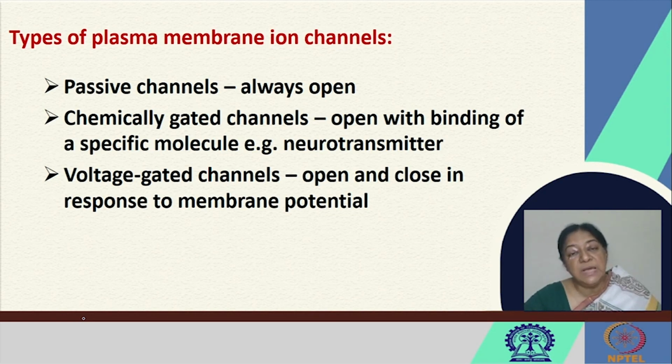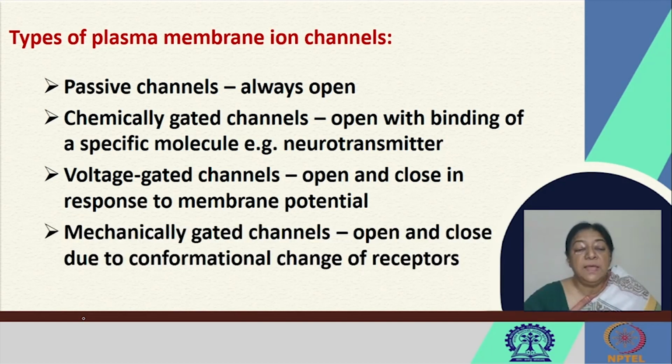Changes in membrane potential may come about when there are cation and anion transports that lead to a disruption in the membrane potential. Then there are mechanically gated channels that open and close due to conformational change of receptors, which is possible due to small molecule or large molecule binding in or outside the specific protein that forms the transport protein.